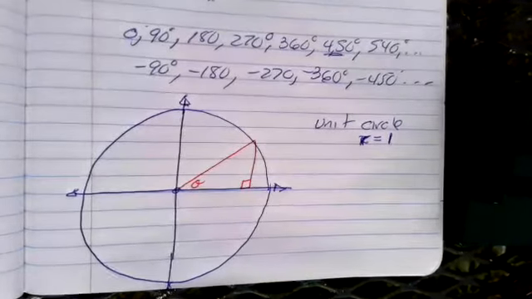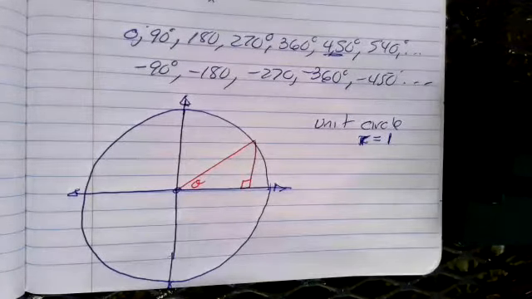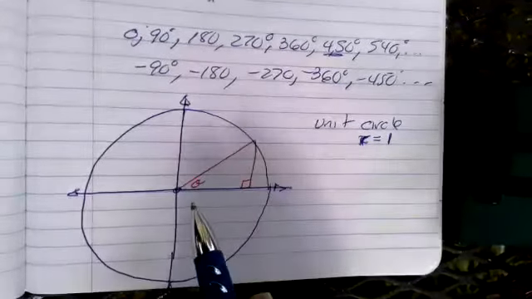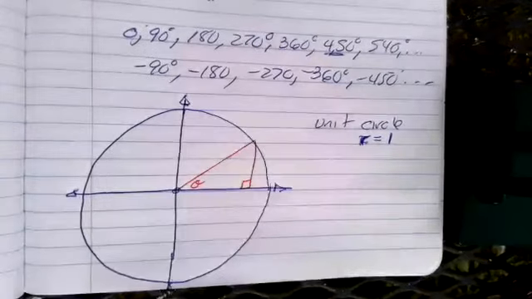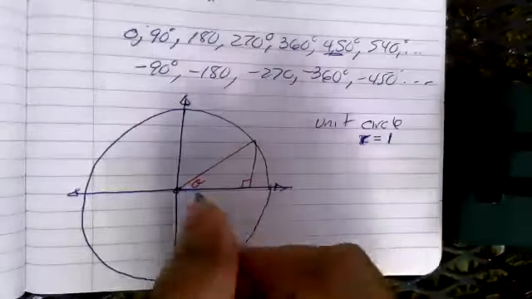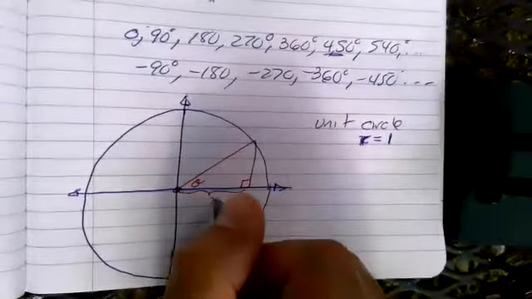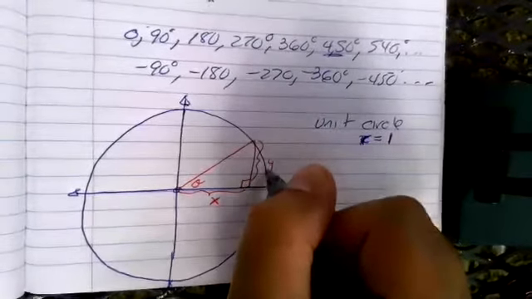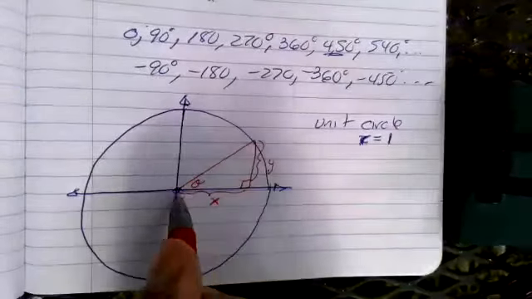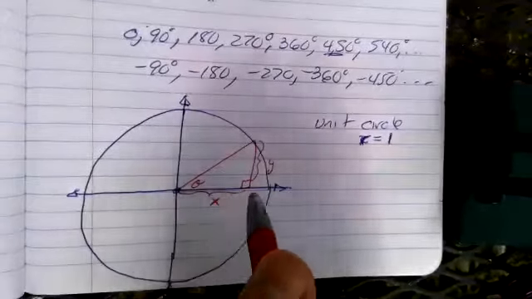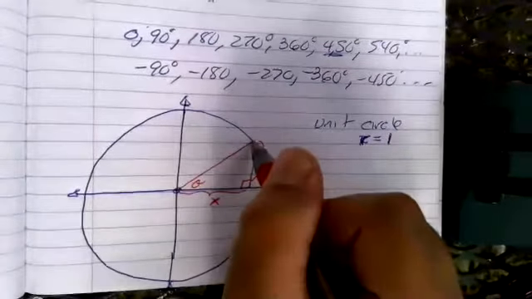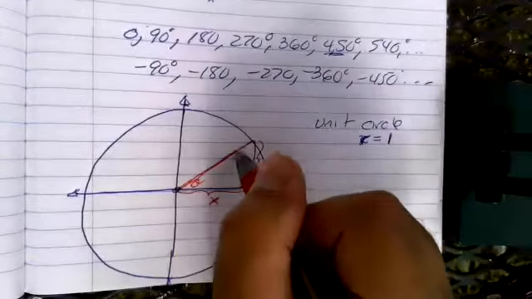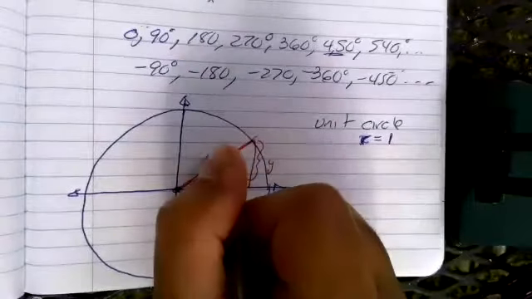But in more advanced textbooks, they're not going to refer to them as opposite, adjacent, and hypotenuse necessarily. They're going to refer to this distance as x and this distance as y, right? Horizontal is x, vertical is y, and my hypotenuse is now my radius.